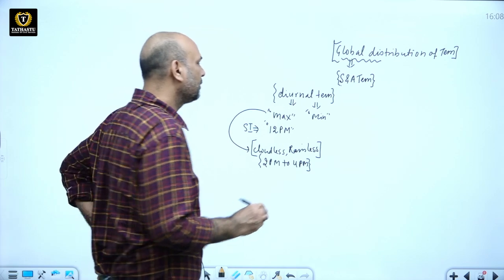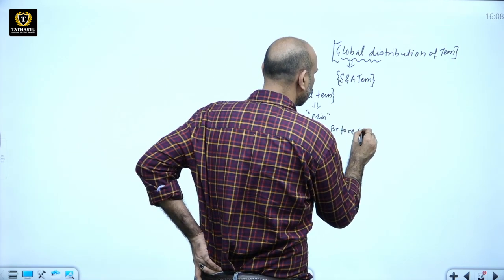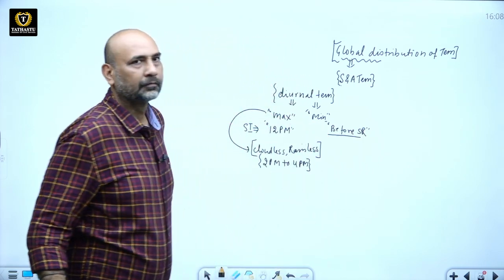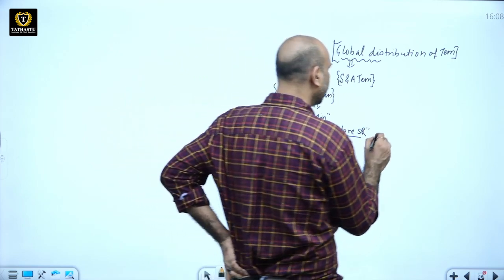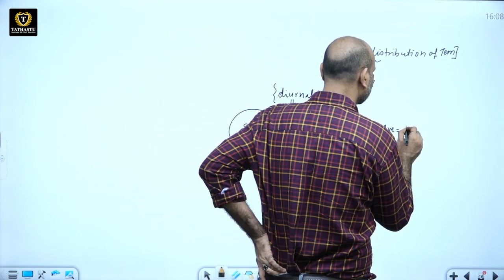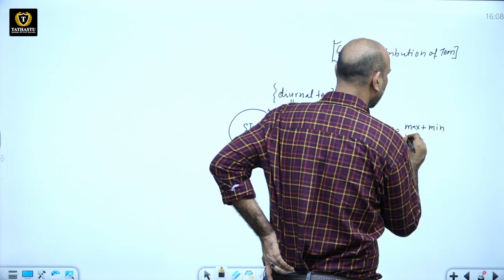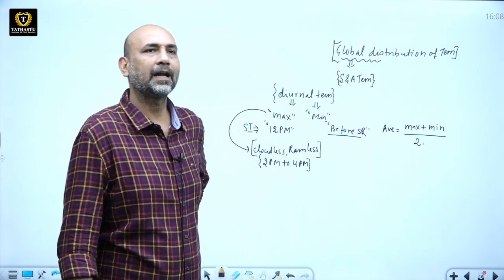And minimum temperature is of course before sunrise. So its average is calculated by calculating the mean of maximum and minimum. That is called average diurnal temperature.